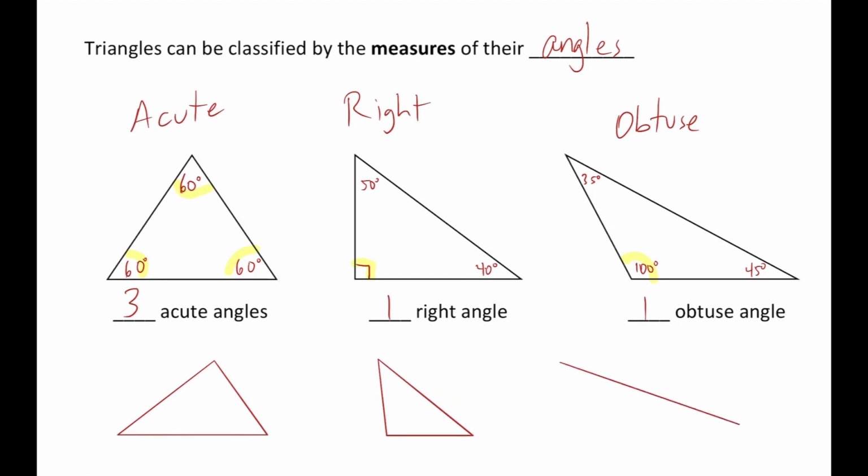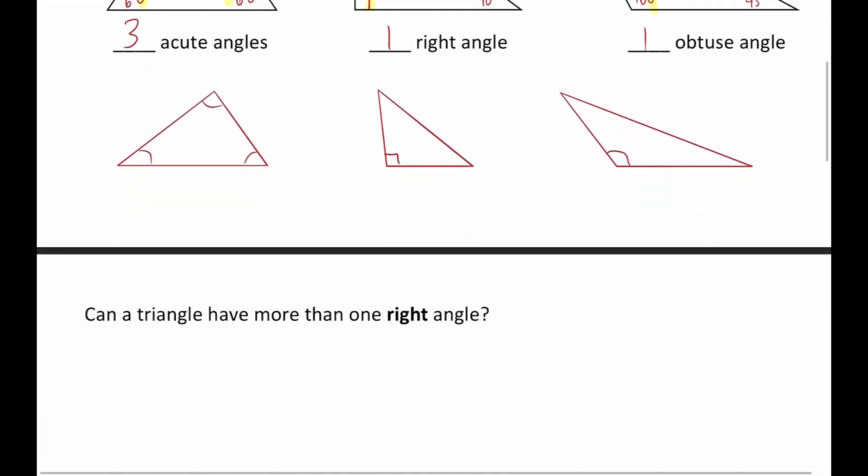If I have an obtuse angle, and then I connect it, it makes an obtuse triangle. So it's the same type of thing, right? So three acute angles, one right angle, one obtuse angle, and so I can make those triangles. So acute triangle, a right triangle, or an obtuse triangle.